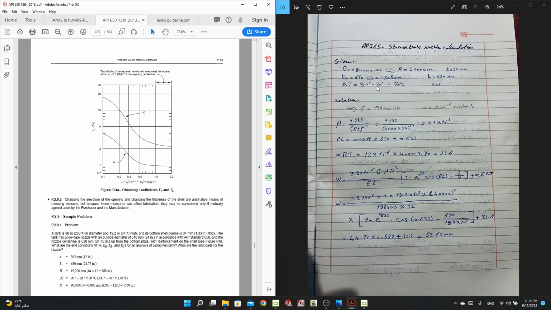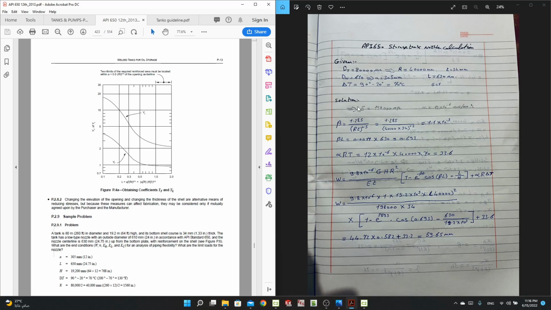Our ambient temperature will be 20. That means that the delta T is 70. The specific gravity of the fluid that we are using is 1, which means it's water. First of all, we will take the diameter and calculate the radius, which is 40 meters, and take the radius of the nozzle, which is 305, which will be A.